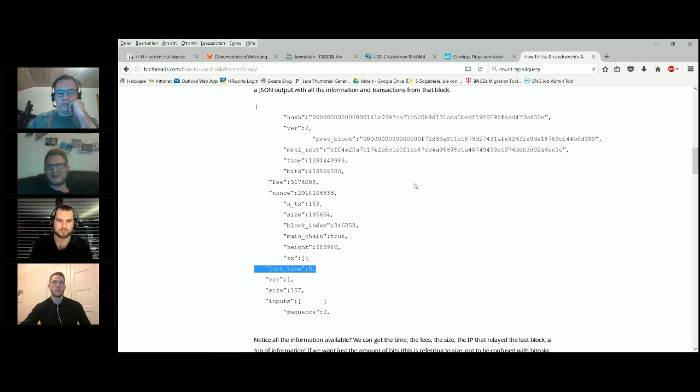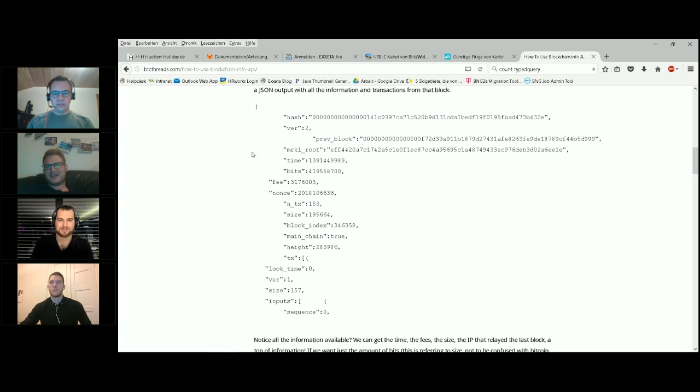So I have to admit I didn't have the time to look for the JSON myself. I'm on the site BTC Threads right now, and they have a very nice tutorial also about how the blockchain info API works.